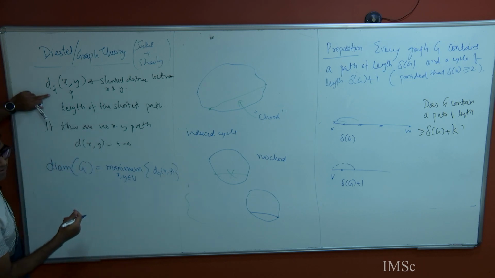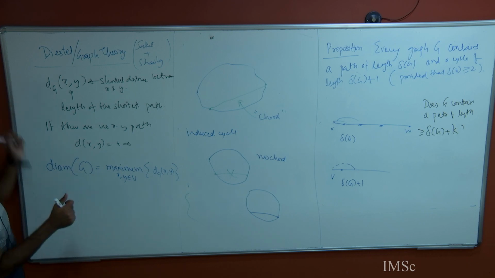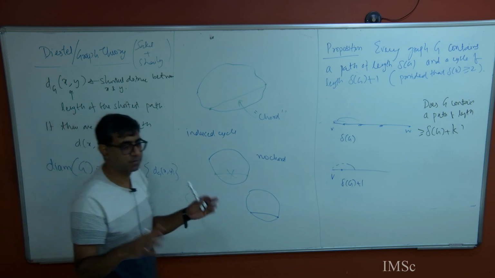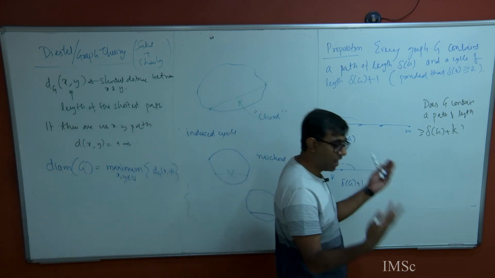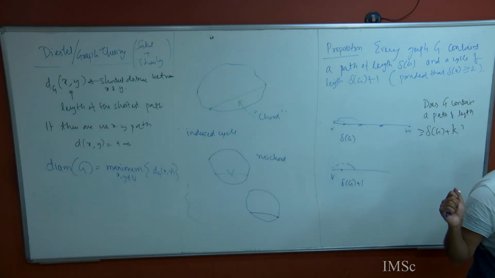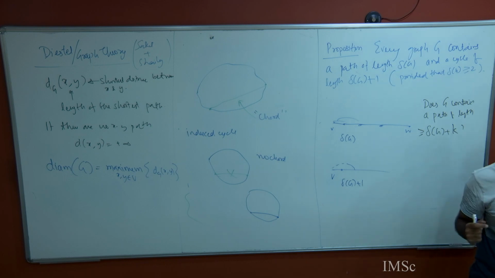When it is evident which graph we are talking about, people omit the subscript G. So you look at all pairs, look at the shortest path between every pair of vertices, and take the maximum of that. That is what is called the diameter of a graph.